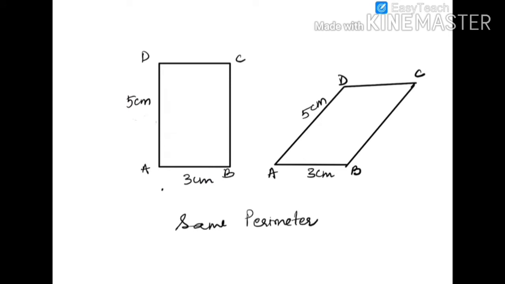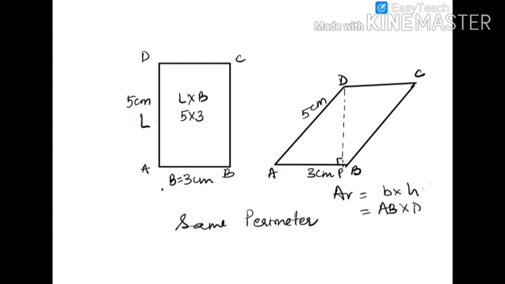However, the area of rectangle ABCD will be 5 into 3, that is length into breadth, whereas the area of this parallelogram is given by base into the corresponding height. Here base is AB and the corresponding height is DP.